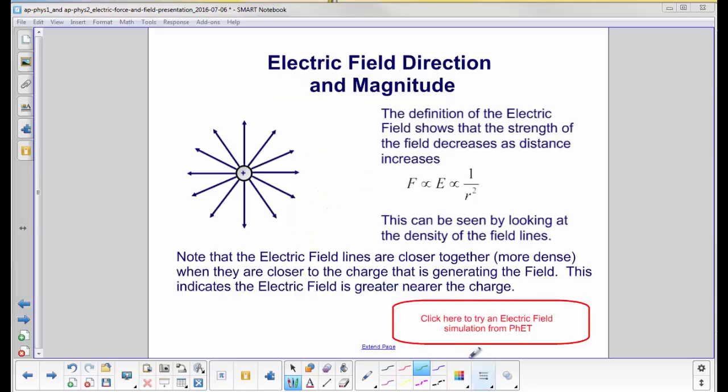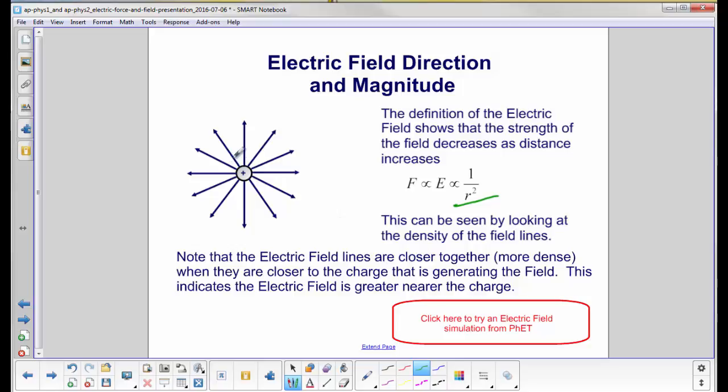The definition of the electric field showed that the strength of the field, and actually the force, decreases as 1 over r squared. There's a way of visualizing it by looking at this picture here, by their density. Note that the electric field lines are closer together, more dense, when they're nearer the charge.